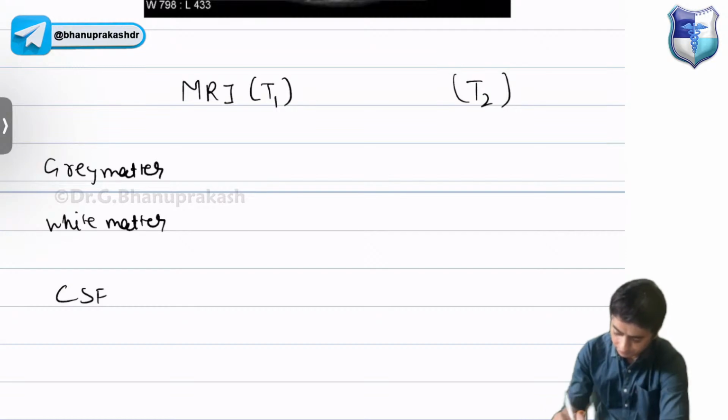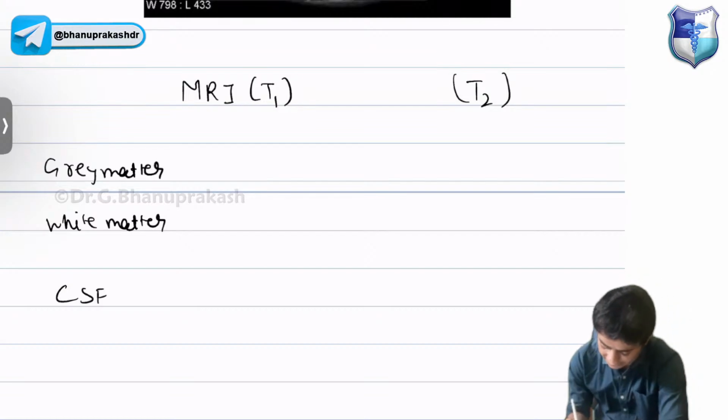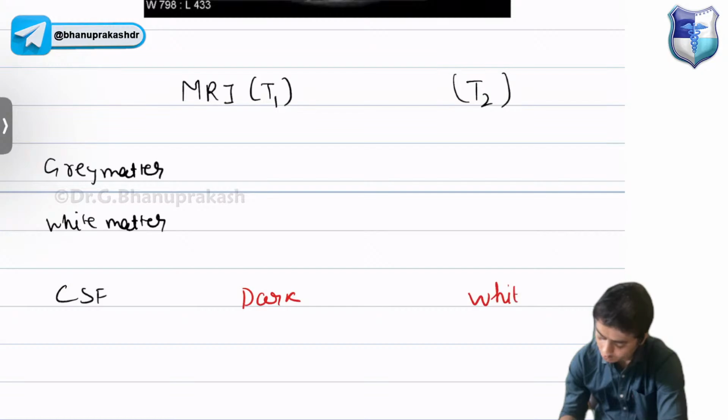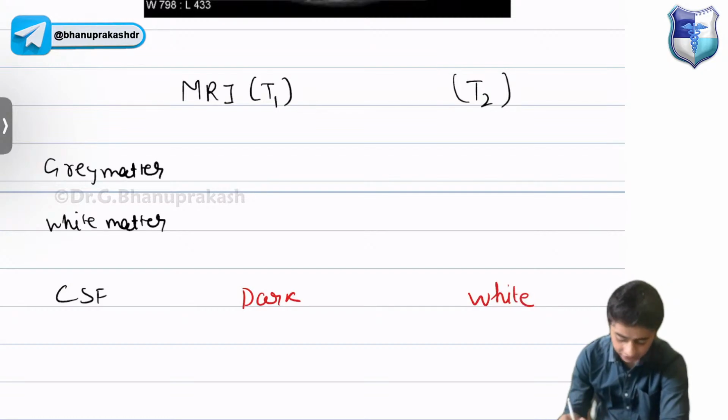Yeah. CSF will be dark in T1 and bright in T2. Okay. Then your gray matter.